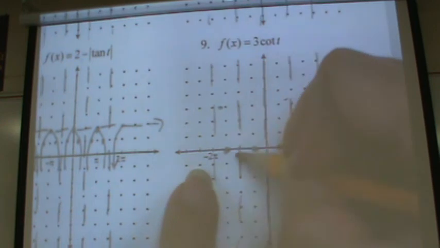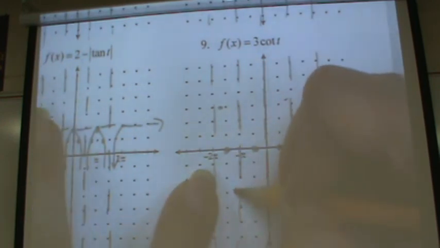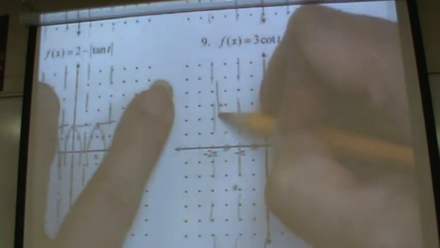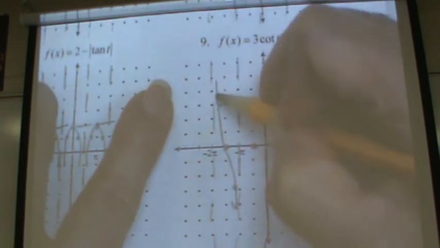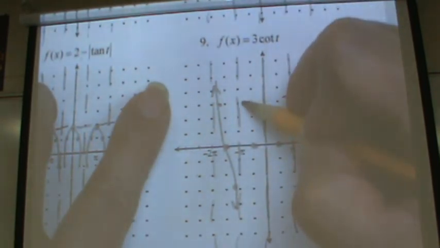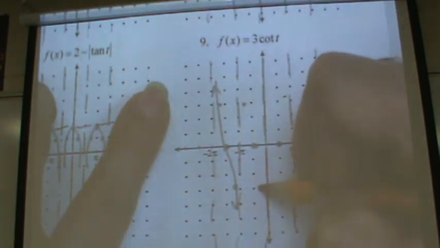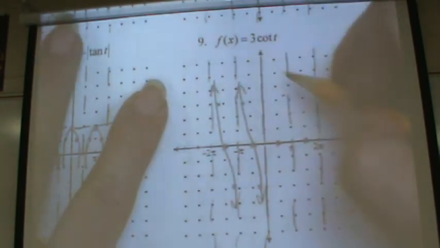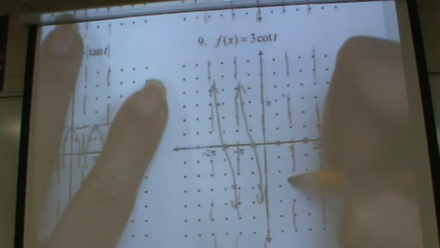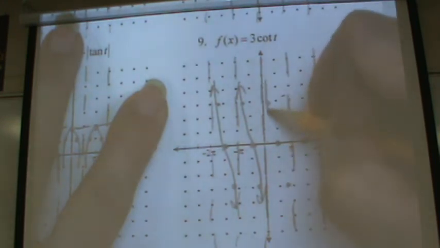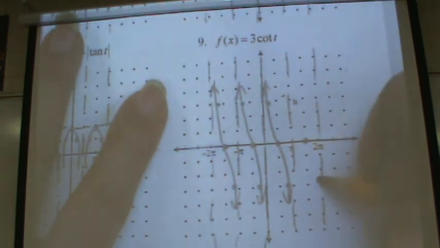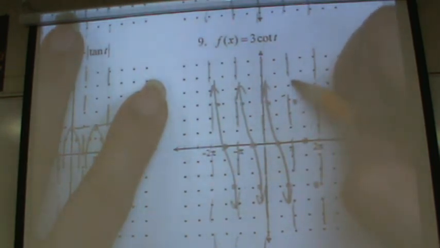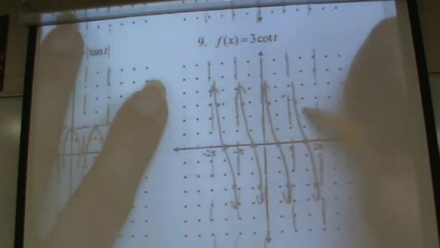You're going to go 3 high and 3 low. So it looks like this. These are kind of hard to draw to make them curvy. Mine ended up being a lot like a straight line. The bigger the number, the more straight they look.